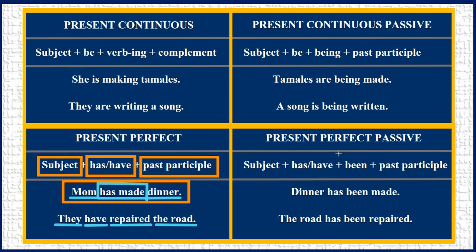Very simple. Now, when we move to present perfect passive, in this case, the object becomes the subject. Yes? We don't know who the doer is. But we know the main action. We know what happened. Right? Okay.